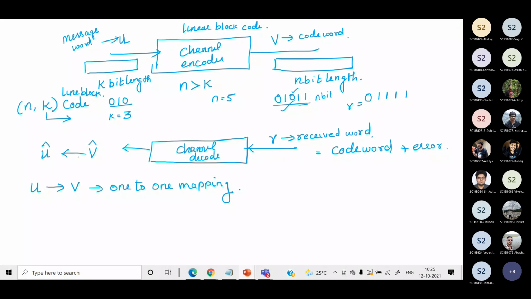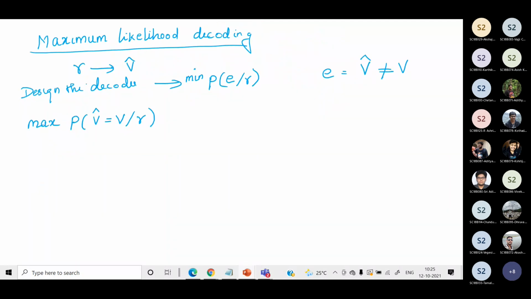So for the estimated one, I just put this cap. So this is the one we want to maximize for designing the decoder given your received vector, right?